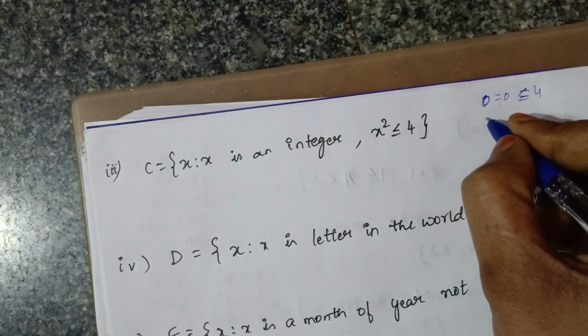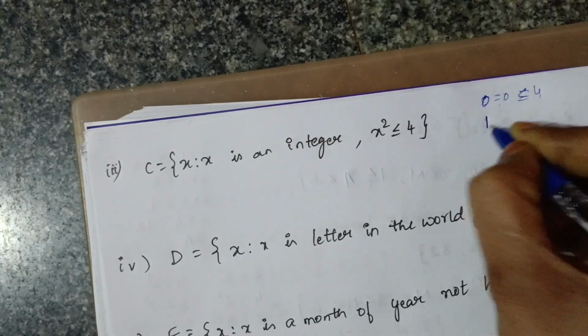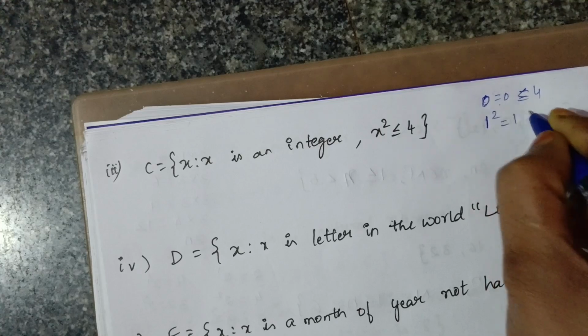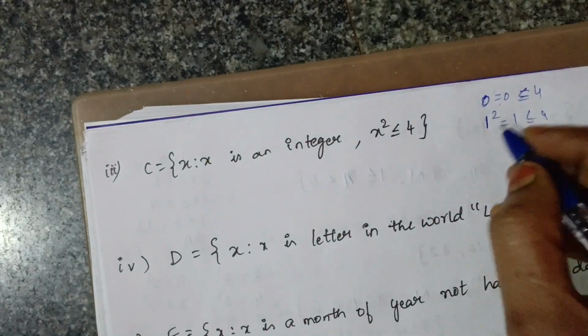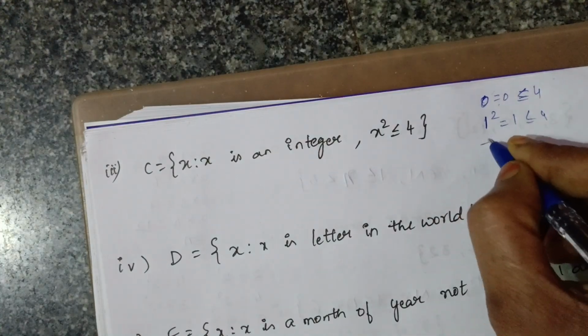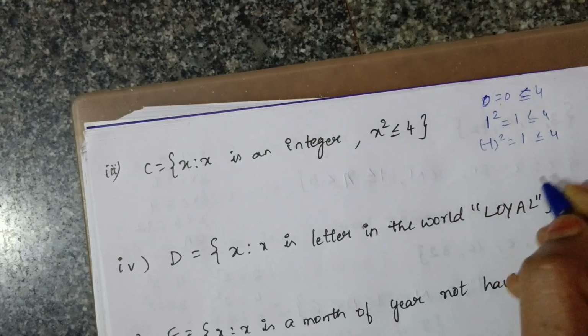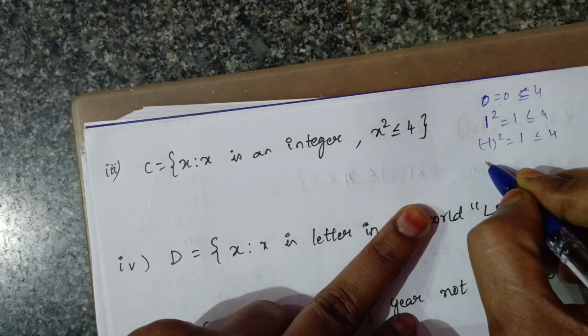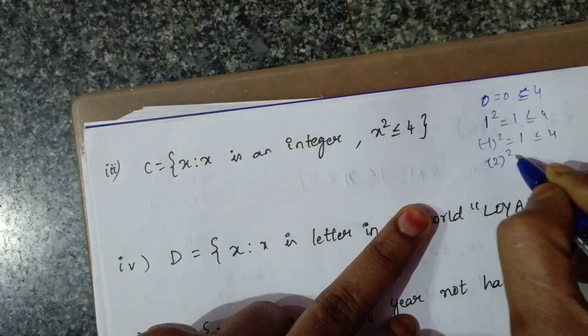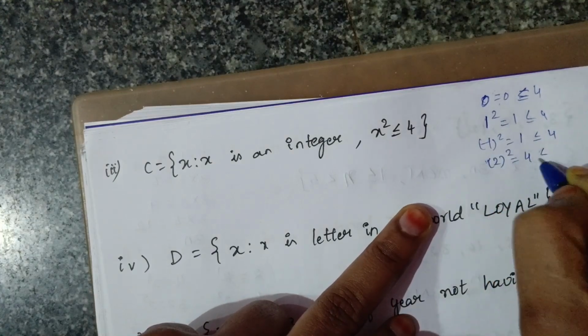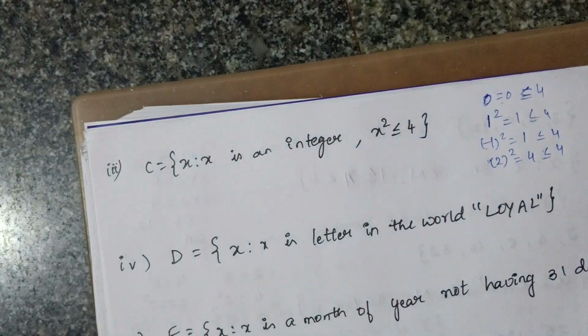Now if we take 1, 1 square is 1. It is also less than or equal to 4. Next, if we take minus 1, minus 1 whole square is 1 only. It is also less than or equal to 4. If we take 2, 2 square becomes 4. 4 is also less than or equal to what they gave. So 4 also we can take.